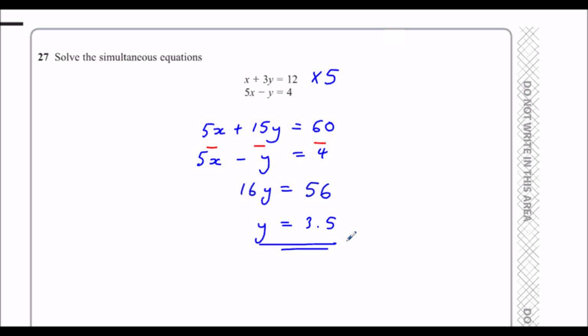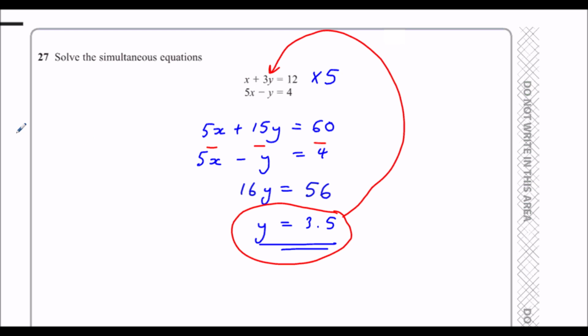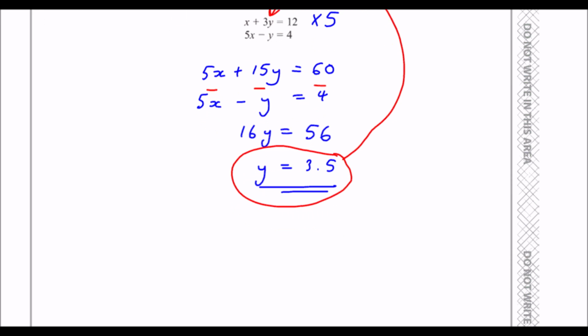So y is 3.5. And now I'm going to take that 3.5 and substitute it back into the top equation. So that will give me x plus 3 y's, which is 3 3.5's, equals 12. 3 times 3.5 is 10.5.